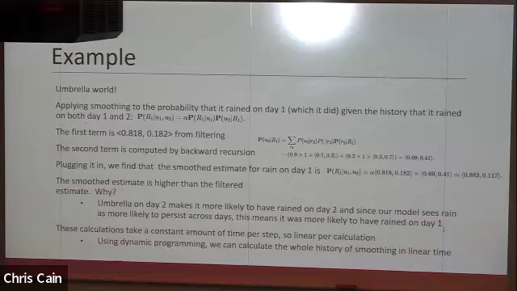And this gives us what we call the forward-backward algorithm, where we use forward recursion and backward recursion to smooth over time step k based on a history of evidence from 1 to t, where k is before t.